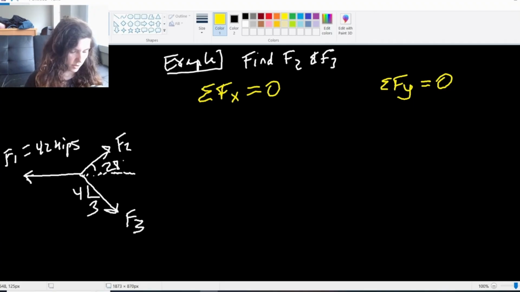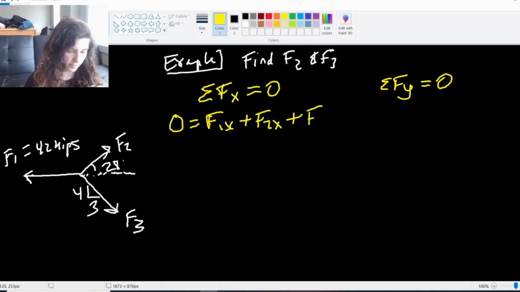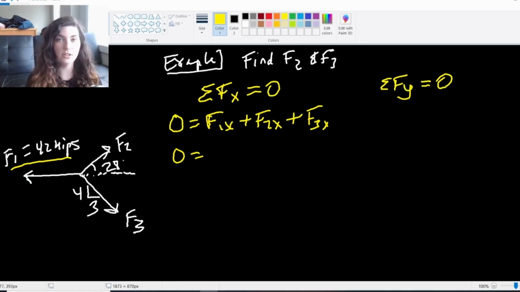All right, so I know 0 equals the sum of the Fx forces, which is going to be F1x plus F2x plus F3x. And if I actually write down what those are, my F1x is going to be this 42 kips here in the negative x direction. And it is entirely in the negative x direction.